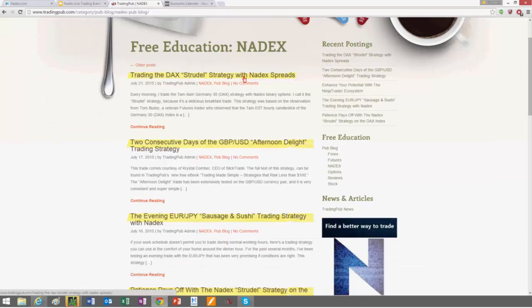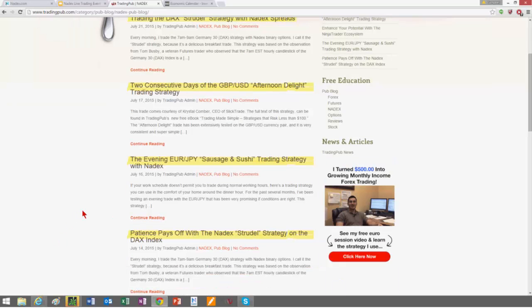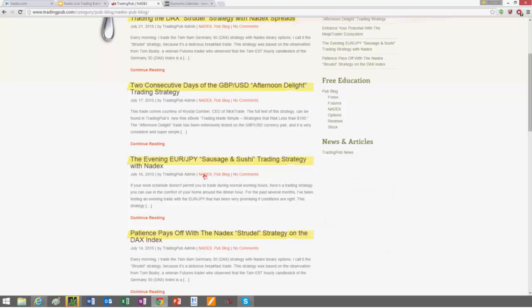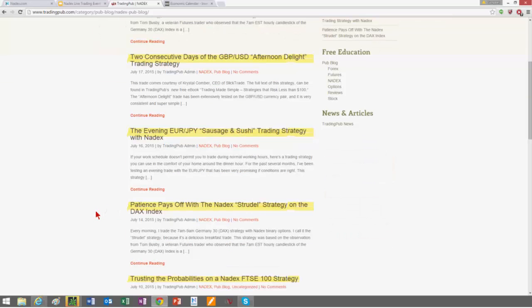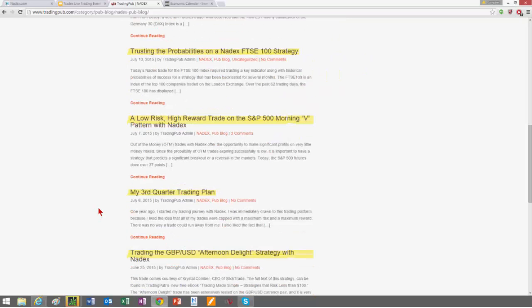So this is the Strudel strategy I'm going to be doing this morning. There's an afternoon trade that I love to do with the pound dollar. In the evening, I've got the sausage and sushi trade with the euro yen. That's also a pretty consistent strategy. DAX, FTSE. I take trades on crude oil whenever I can find them.